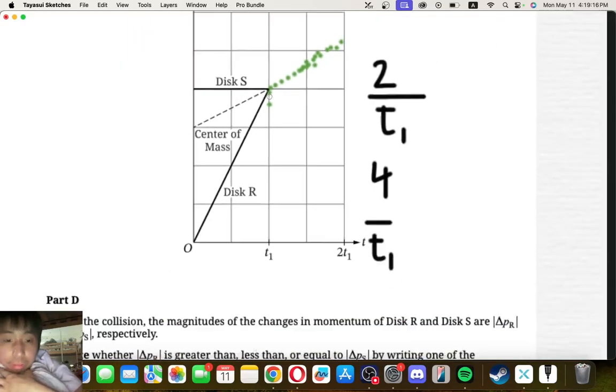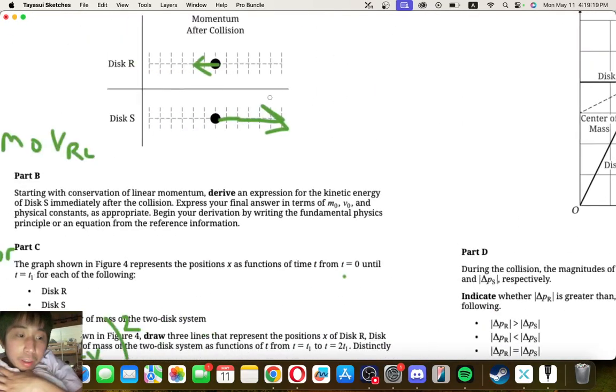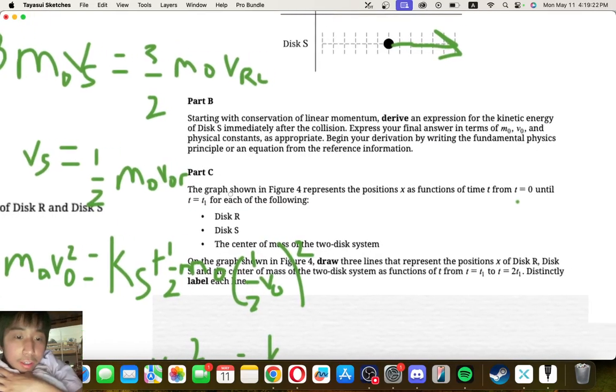I have no clue. Okay, so in terms of perspective, like I wrote earlier, VS equals 1/2 VO.